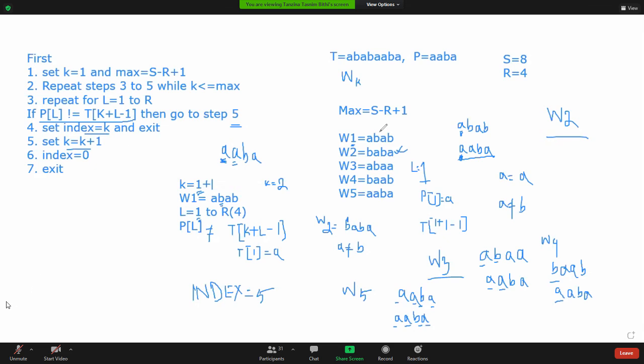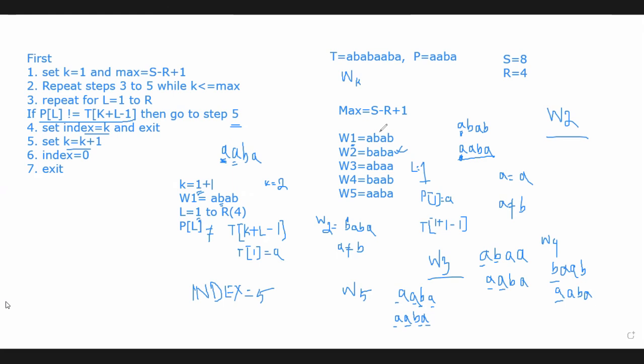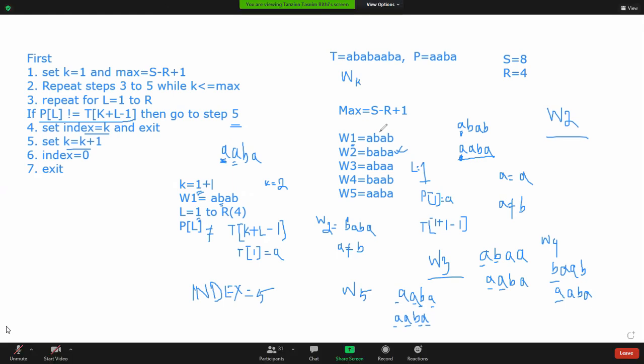So can you tell me what should be the complexity of this first pattern matching algorithm? What is time complexity? Time complexity is a function, right? How much time will this algorithm take?